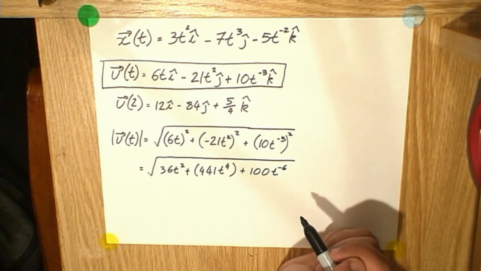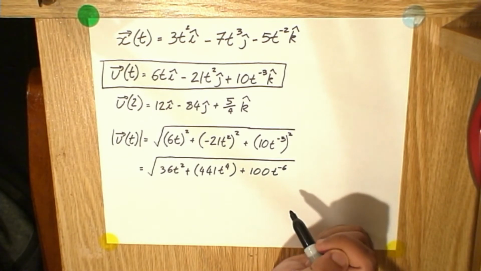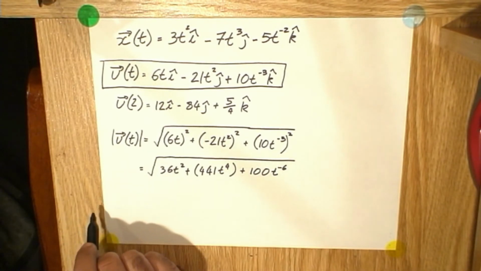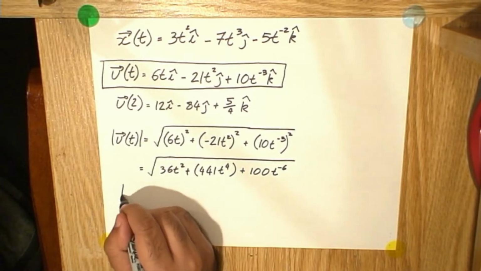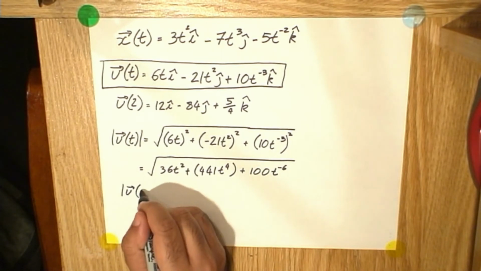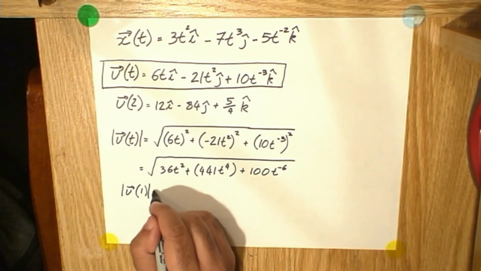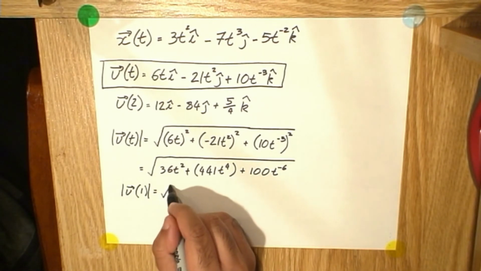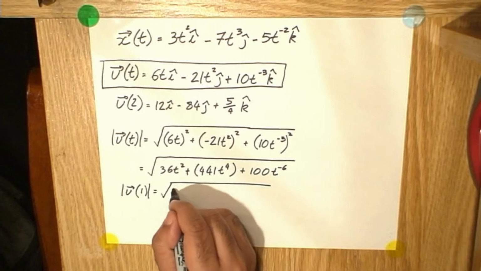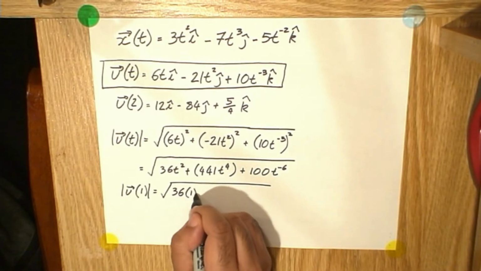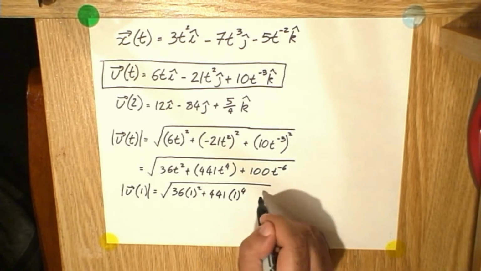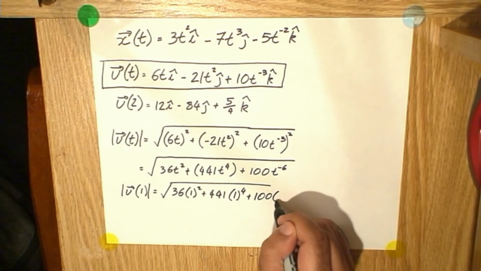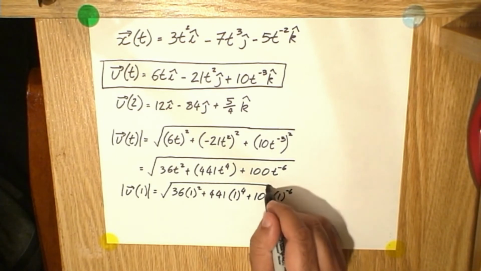Now, offhand, I don't see a way of simplifying this, so I'm just going to leave it like this, in this expression over here. Now, we were being asked to find the speed at a time of 1, so that would be v at a time of 1, which is going to be the square root of 36 times 1 squared, plus 441 times 1 to the 4th power, plus 100 times 1 to the negative 6th power.